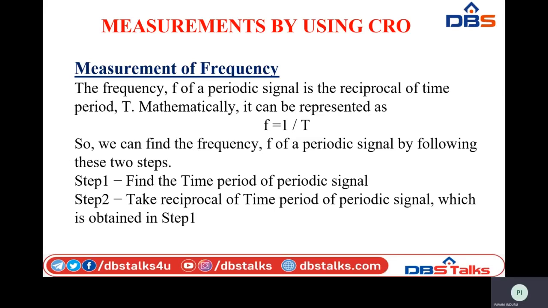Multiply the time per division by the number of horizontal divisions covered to obtain the time period value. Now if you take the reciprocal of the time period of the periodic signal, we can measure the frequency of the signal. This is how we can take the measurements with the help of the CRO.